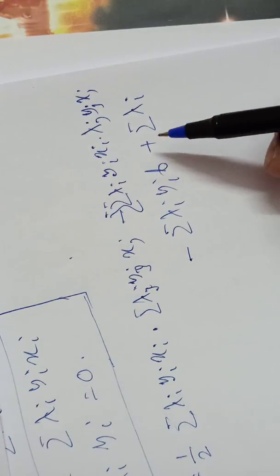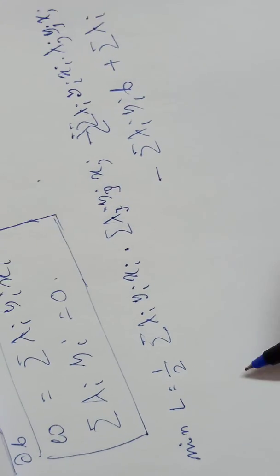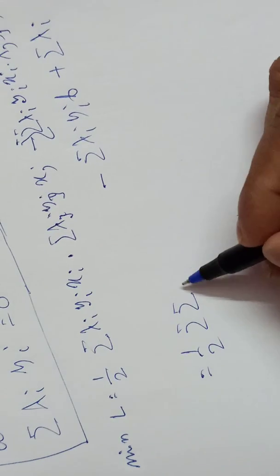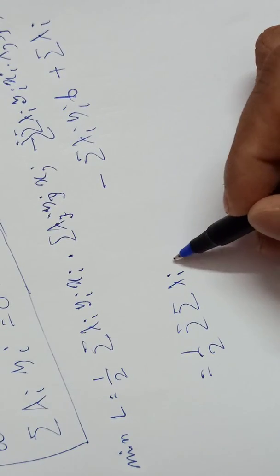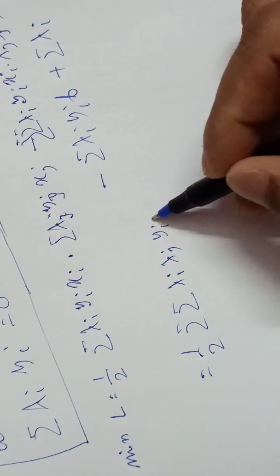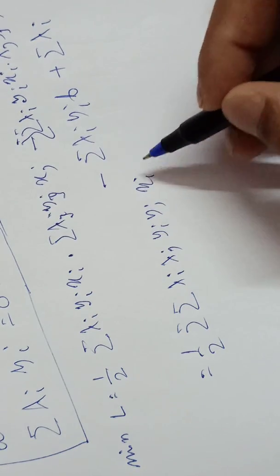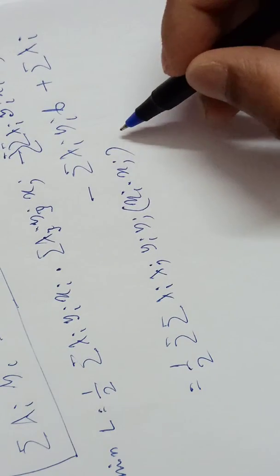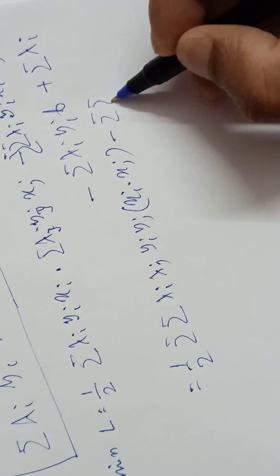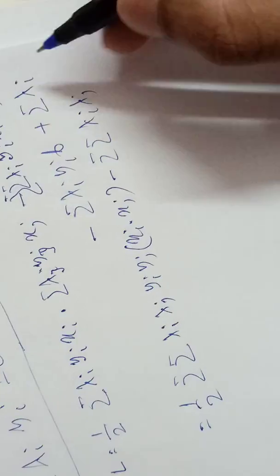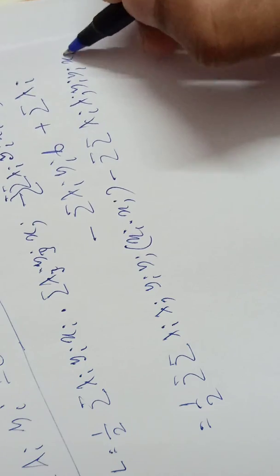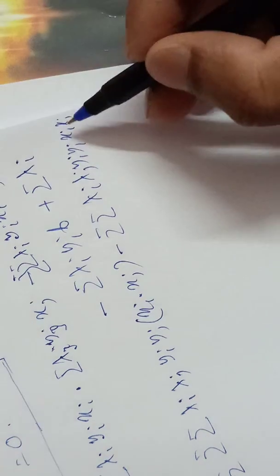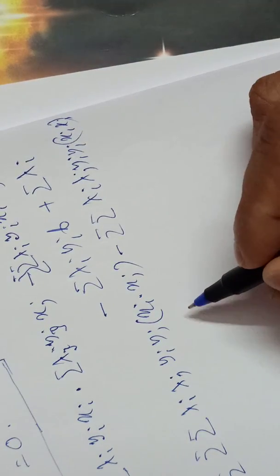Similarly, we can replace this value as half of double summation lambda i lambda j yi yj xi dot xj. So you can remove this value also, minus double summation lambda i lambda j yi yj xi xj. You can multiply this or write like this, anything. Okay, now what is this value?